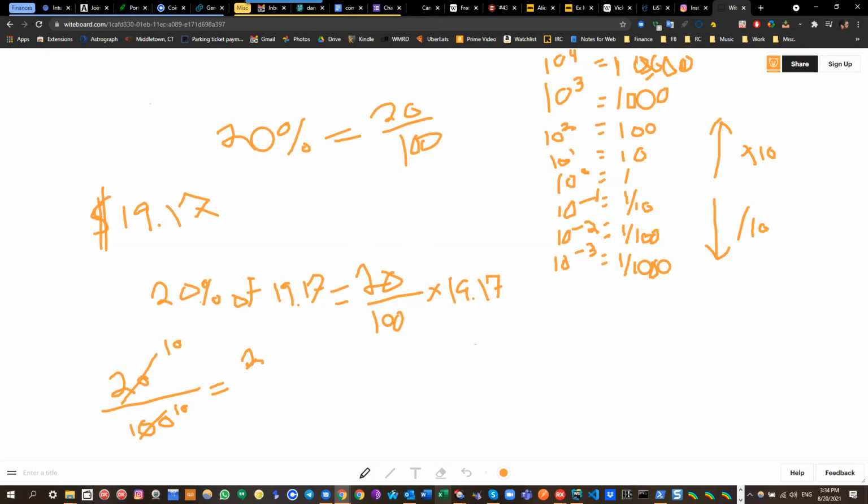I'll get a simplified fraction that has the same value, because the important thing with fractions is not the numbers themselves, it's the relationship between them.